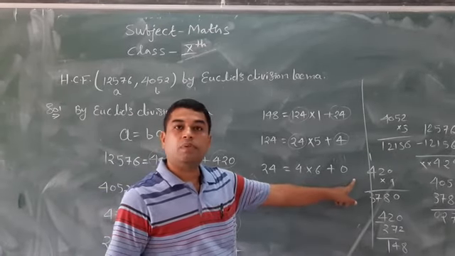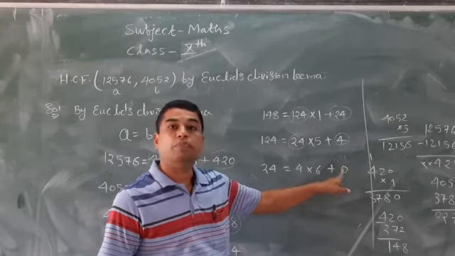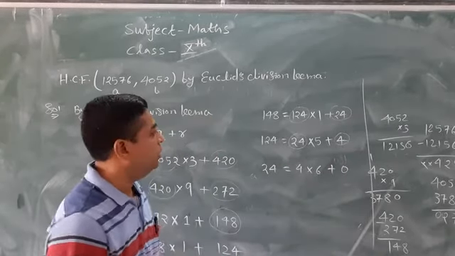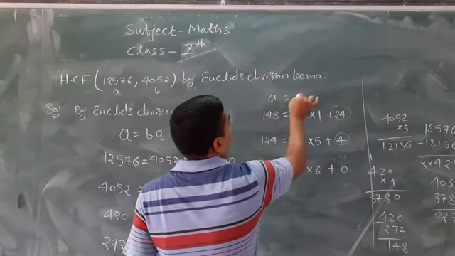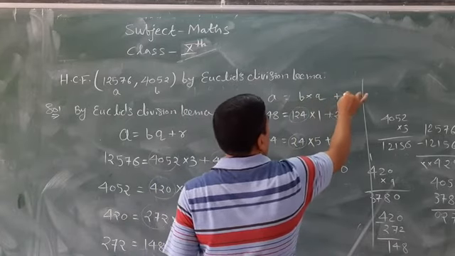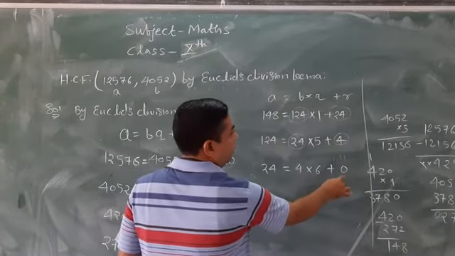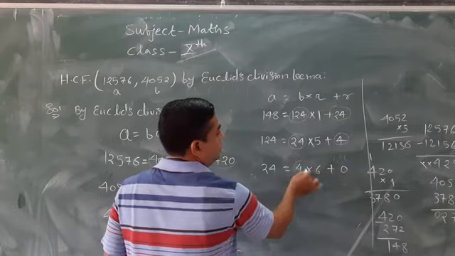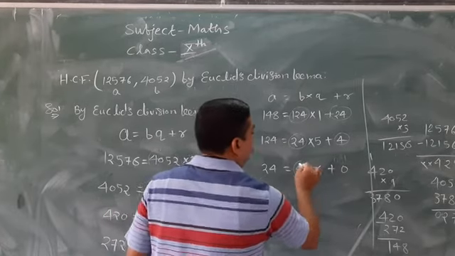So the step in which you are getting remainder 0, in that particular step, what is the value of B? Okay, A is equal to BQ plus R. The step in which you are getting remainder 0, in that step what is the value of B? So the value of B is 4.